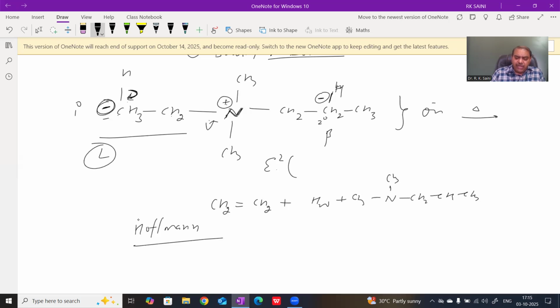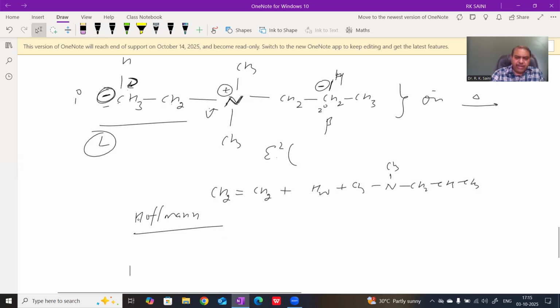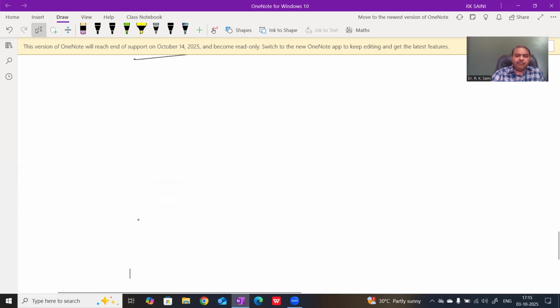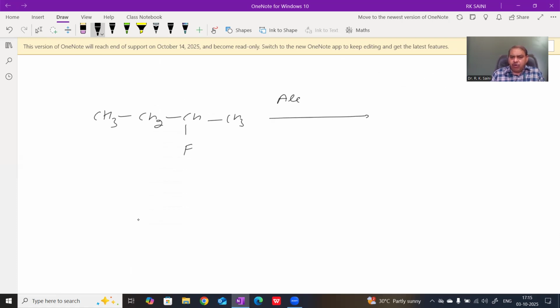Another example of the Hofmann alkene. For example, alkyl fluoride, 2-fluorobutane, treated with alcoholic KOH. It is a secondary alkyl halide and hence the E2 mechanism takes place, but the leaving group is very poor and hence C-H bond fission is faster than removal of the leaving group.